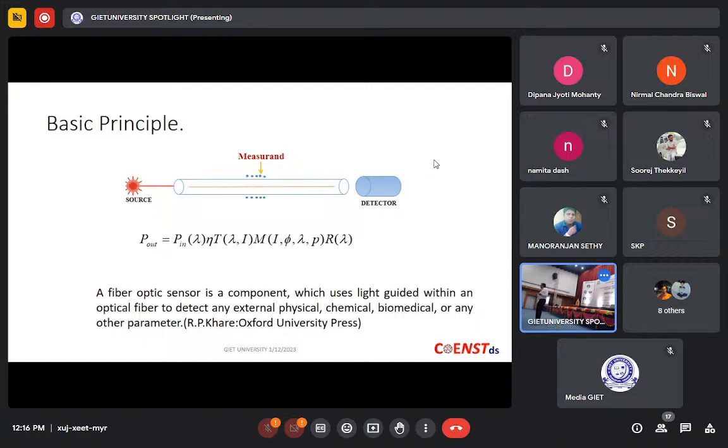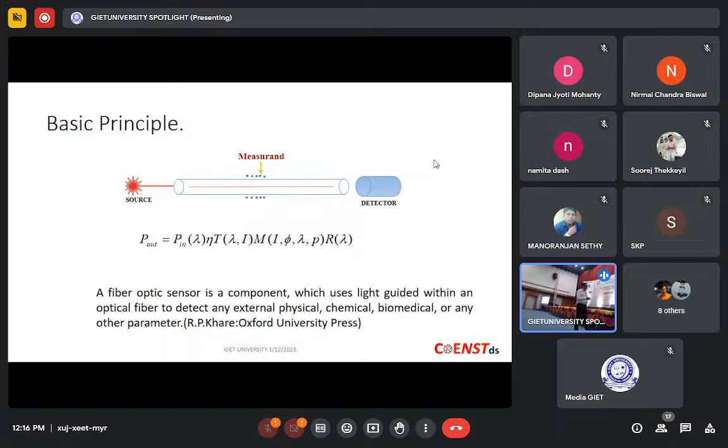Any fiber optic sensor should have a source, a detector, and a fiber joining the source and detector. The light from the source is coupled into this fiber, and finally this light will reach the detector.